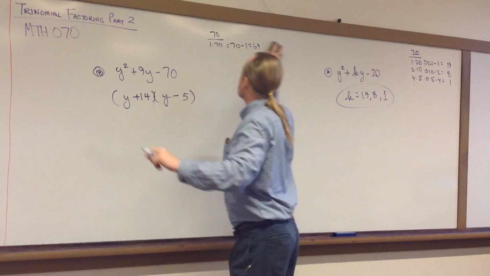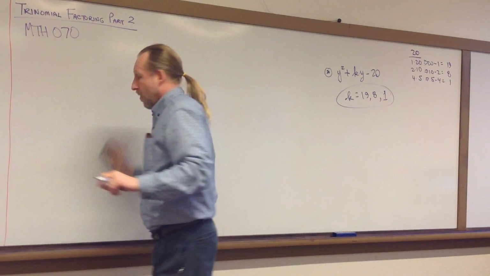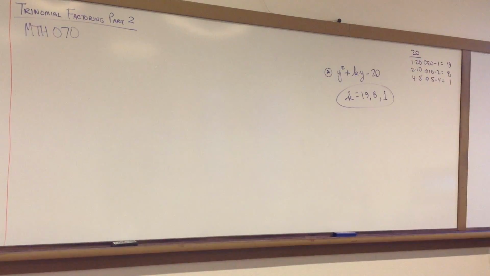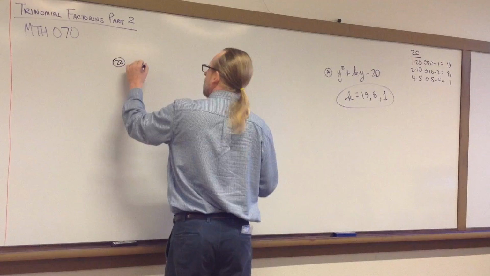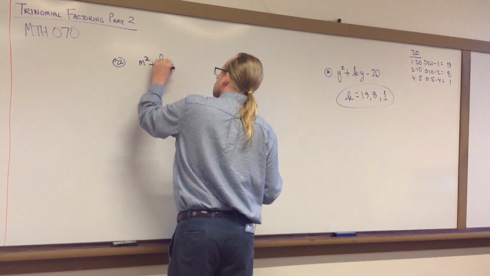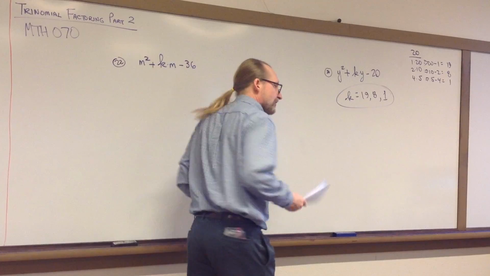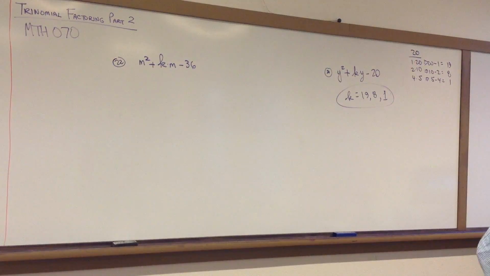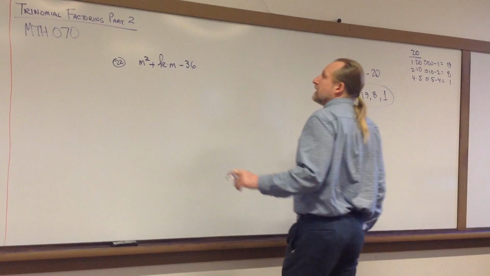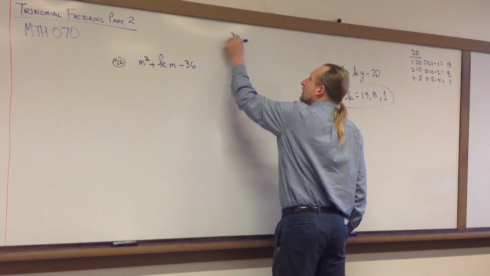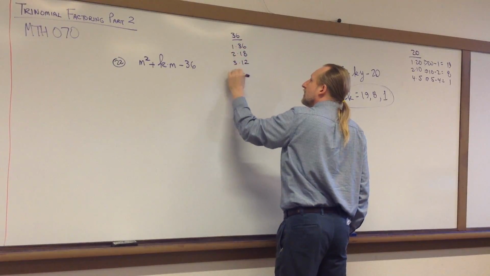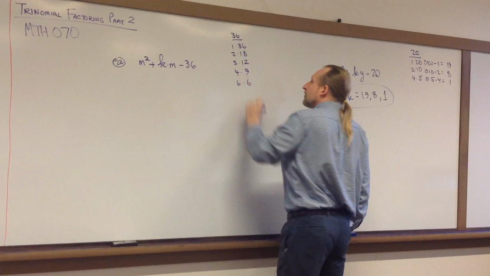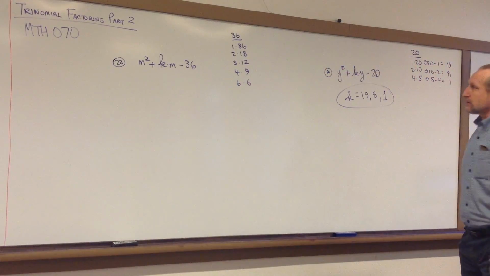All right, let's look at a couple more of these. Problem 22, m squared plus k times m minus 36. So let's see here. For 36, our possibilities are 1 times 36, 2 times 18, 3 times 12, 4 times 9, and 6 times 6.